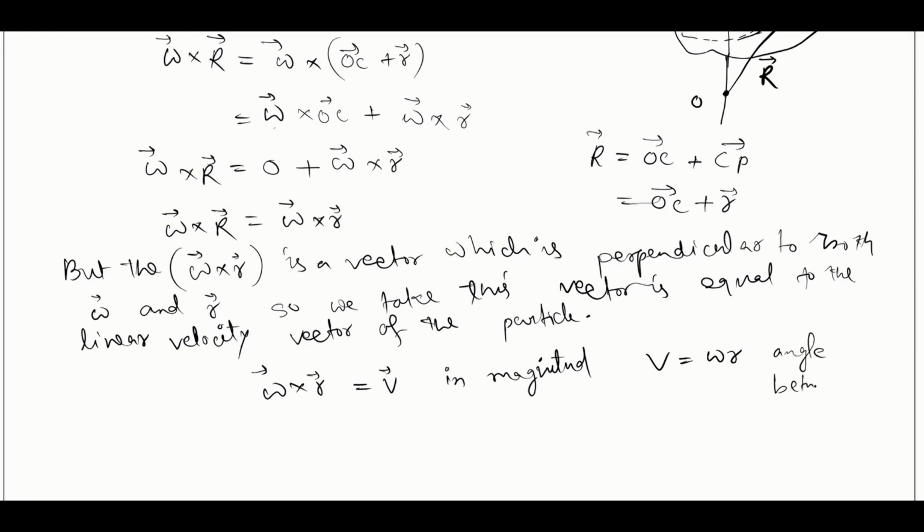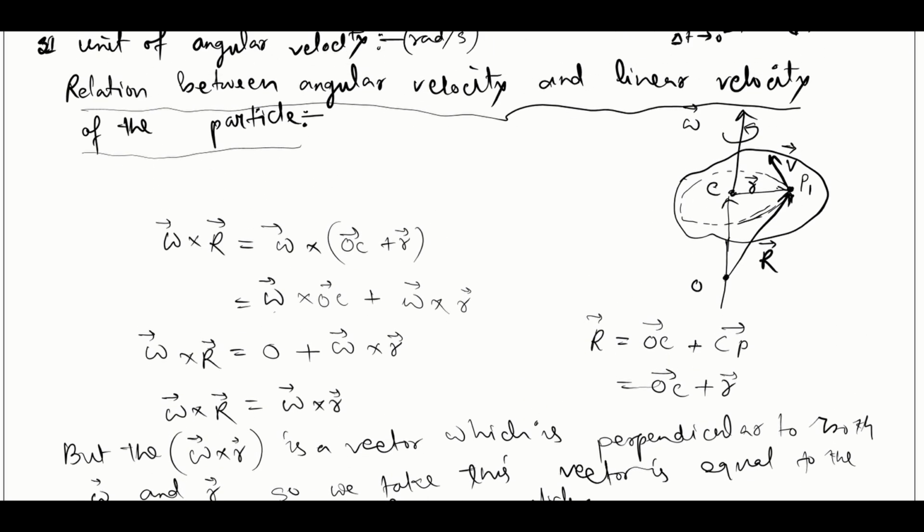The angle between omega and r is 90 degrees. So v is equal to omega r. This is the relation between linear velocity and angular velocity.